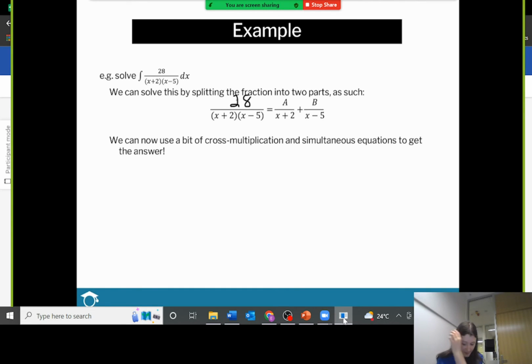So now we're going to use a little bit of cross multiplication to get our answer.